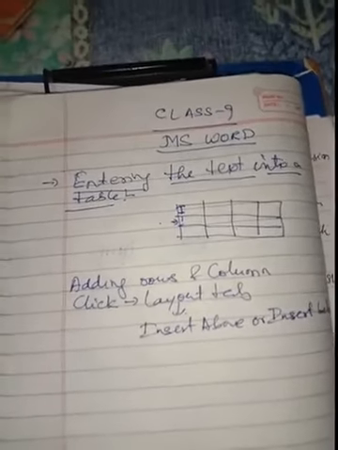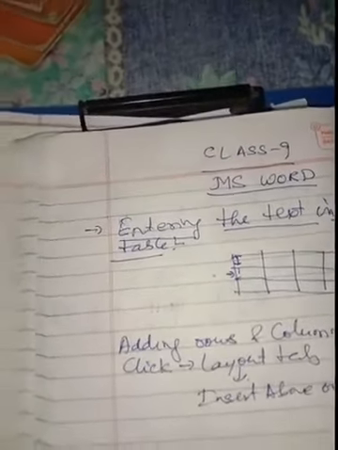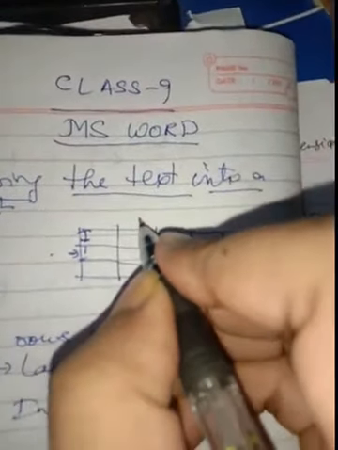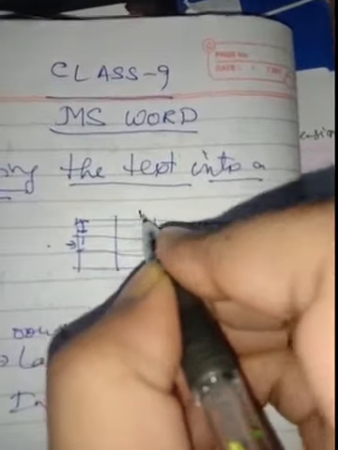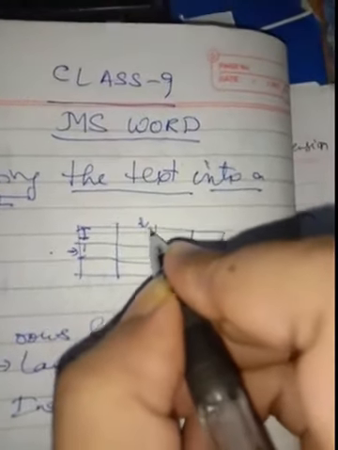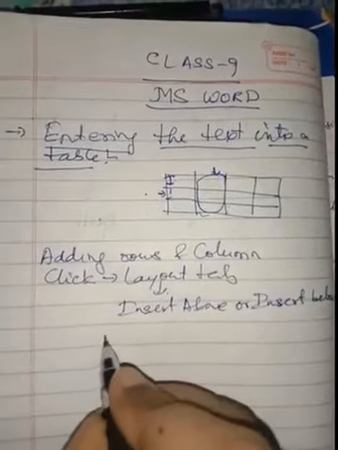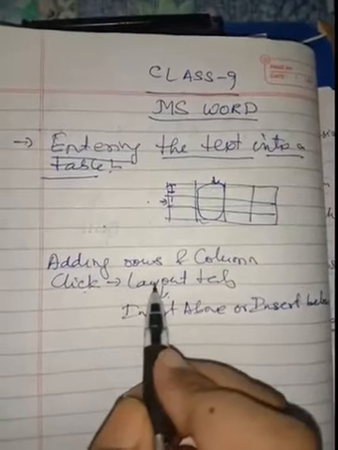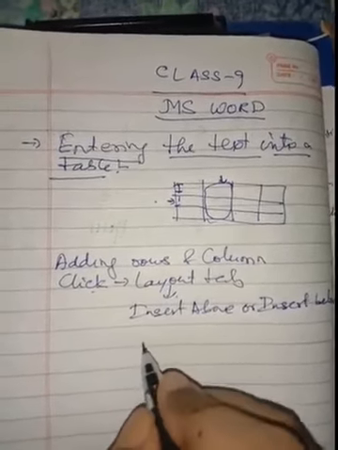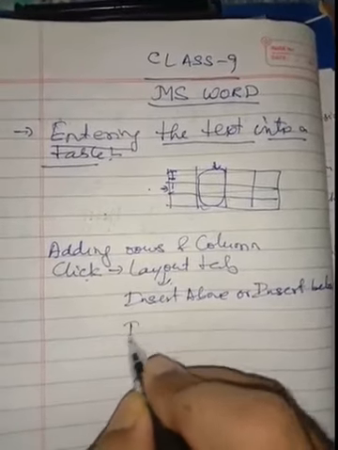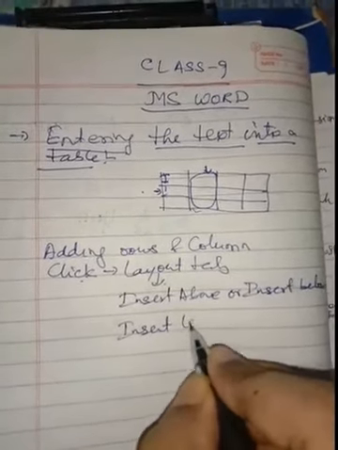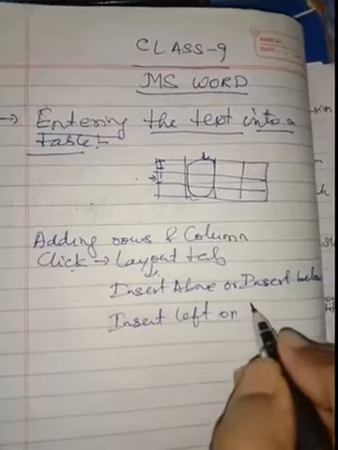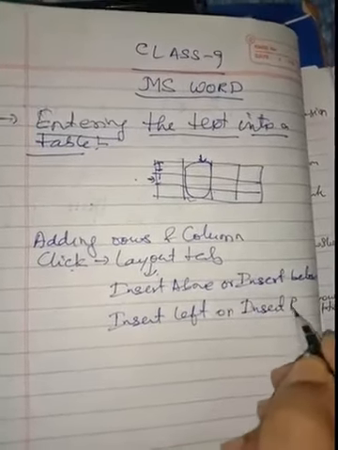Similarly, when you want to insert a column, suppose I bring the cursor over here. As soon as I bring the cursor over here, it gets converted into the arrow sign. I left click over here and the entire column gets selected. Now in order to insert a column, first of all again click on the layout tab. Now to insert the column, we have the option of insert left or insert right.